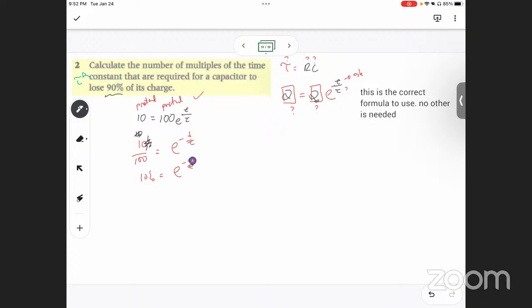This is what you end up with. This is how you use the 90%, correct? Good. Now, you don't have any tau, so what are you supposed to do, right?